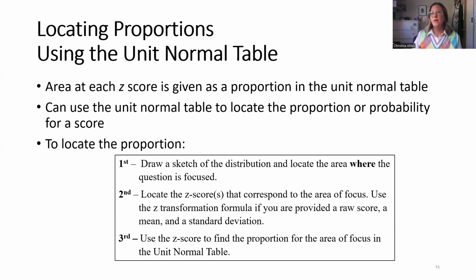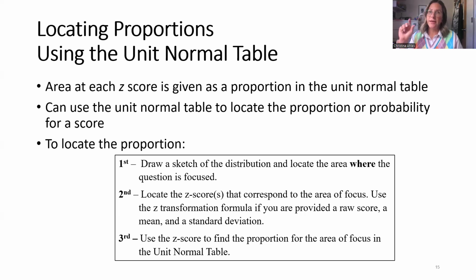That means draw a mean and shade the area that you're focusing on before you do any math, because I can tell you right now, if you don't have a visual idea of what you need, you could easily look in the wrong column on the unit normal table. That will really help you out.